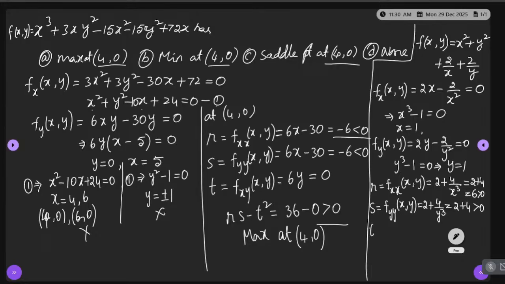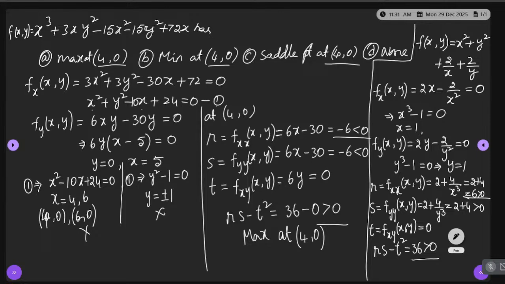T equals to f_xy of (x, y). What is f_xy? 0. So rs minus t square is 36, positive. R is positive.